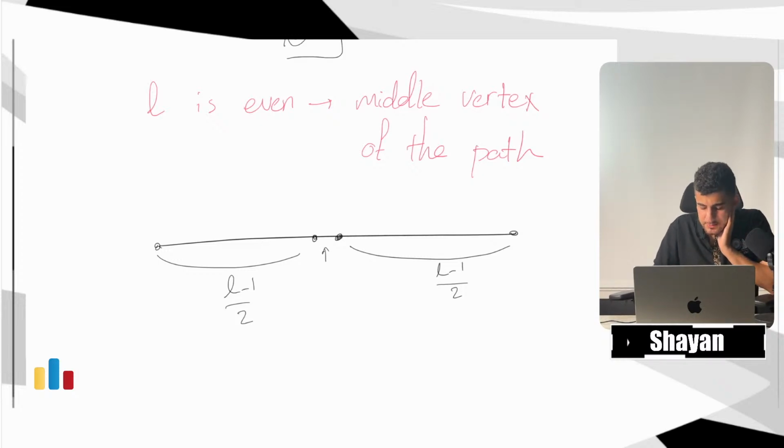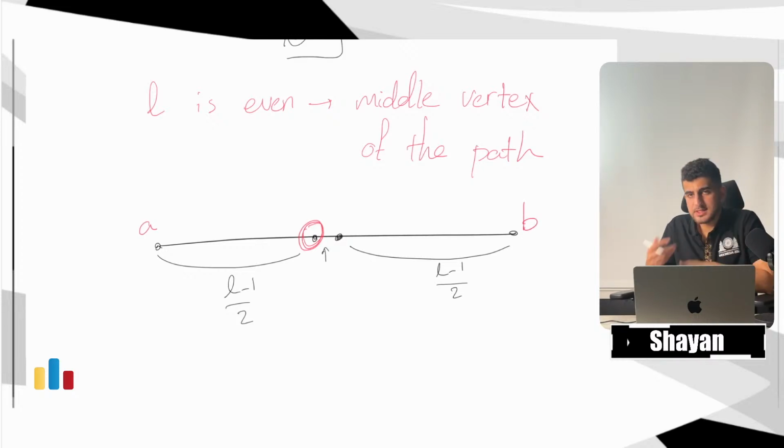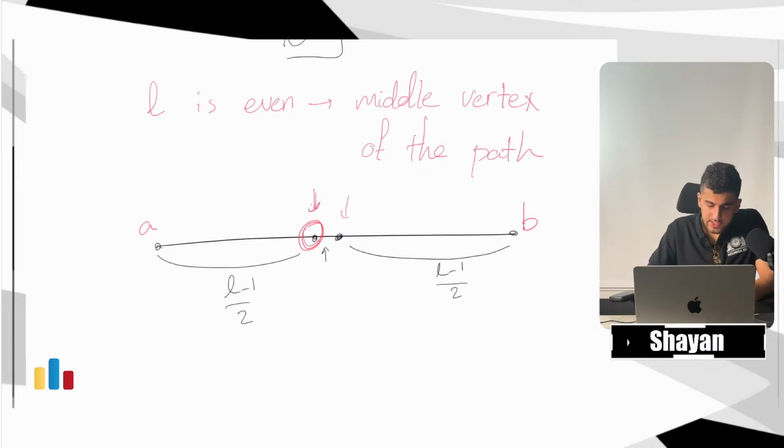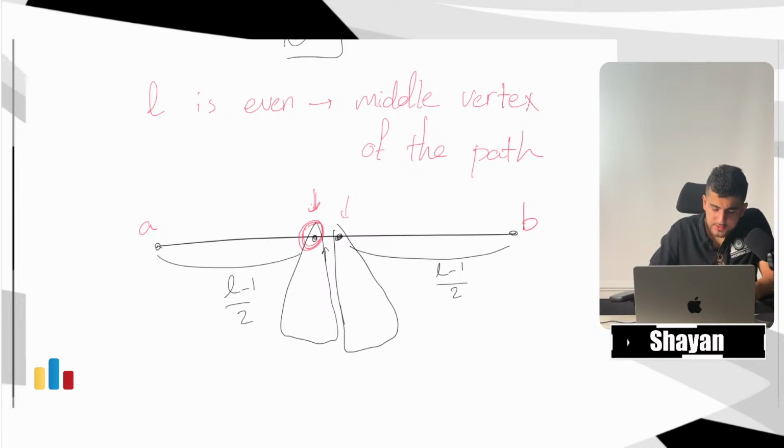In this case, Mitsuki will return the one that is closer to A. This is A, this is B. Mitsuki will return the one that is closer to A, because for both of them the difference of distances from A and B is going to be 1, but this left one is closer to A. And also, if you consider the ones that are below this or below this, they are going to have even more distance from A.